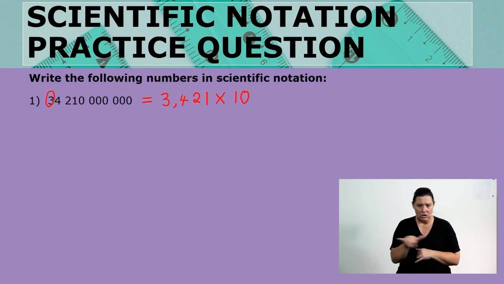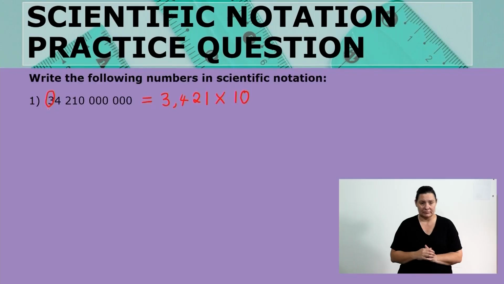For us to figure out what exponent it will be, we need to see how many times we are shifting that 3, which again is in the 10 billions position, and we are shifting it to the ones. And also the direction that we are shifting is very important as well.